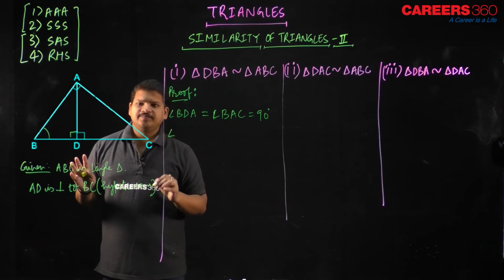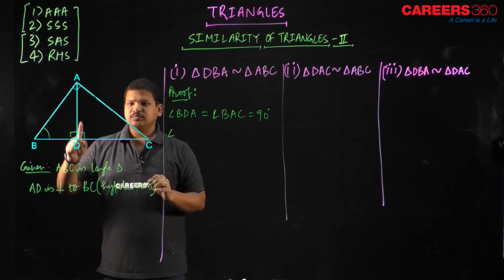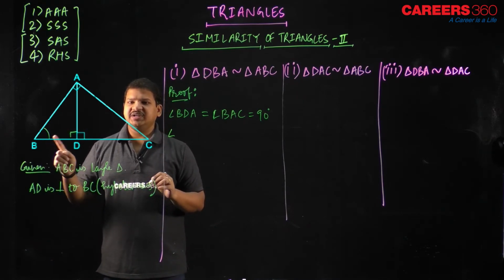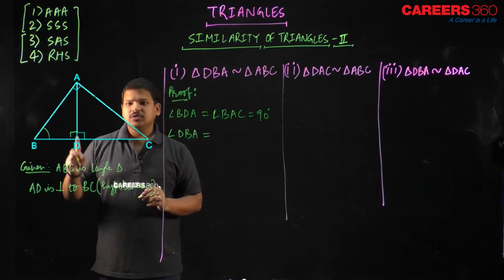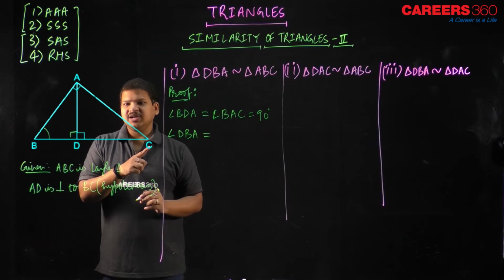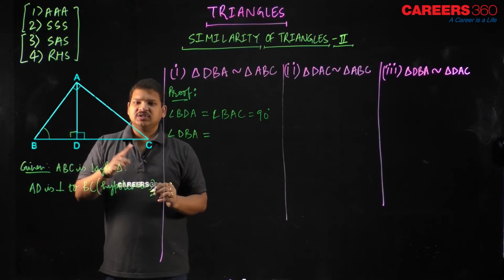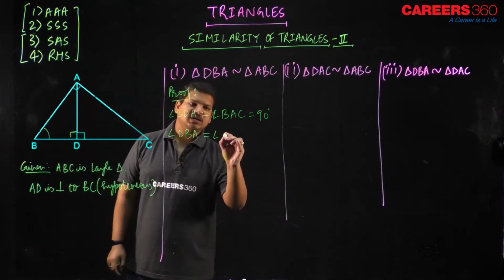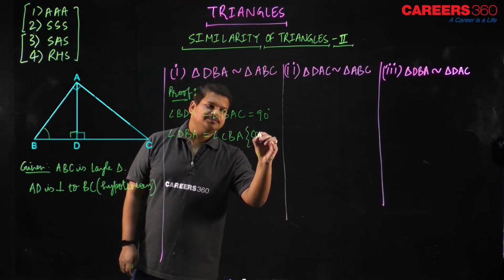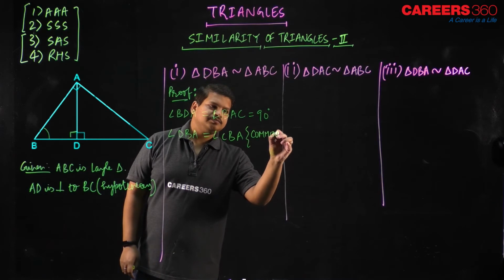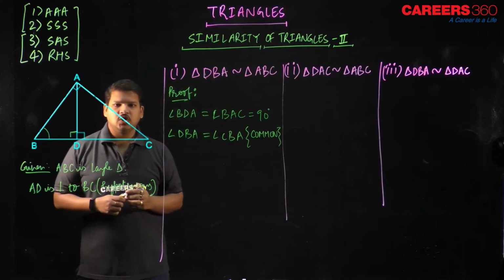So angle DBA in the smaller triangle is equal to angle CBA in the bigger triangle, which is nothing but common.